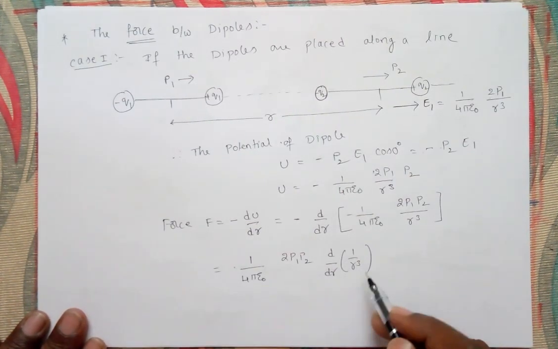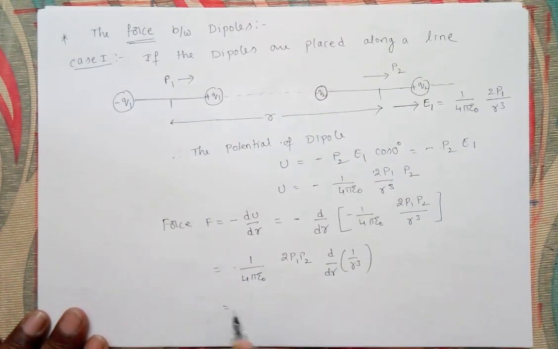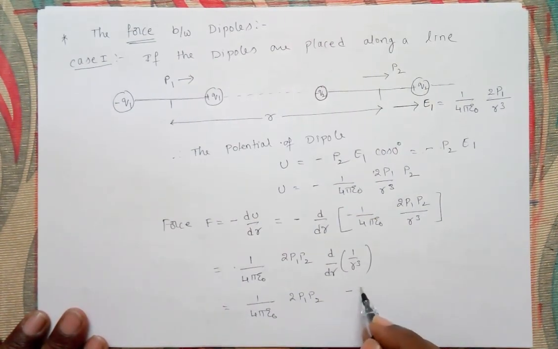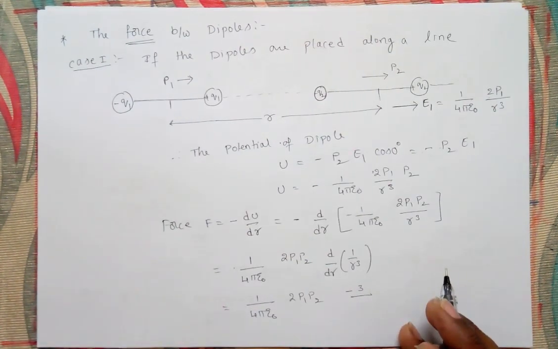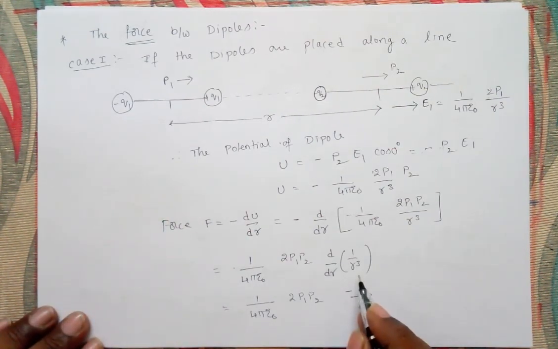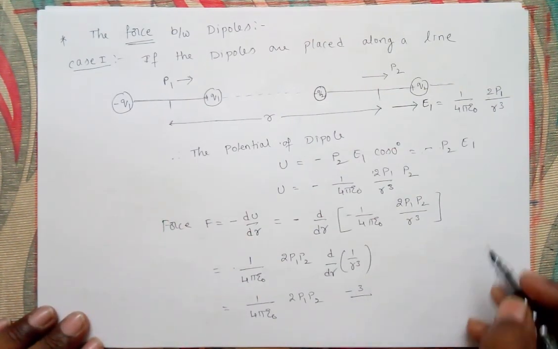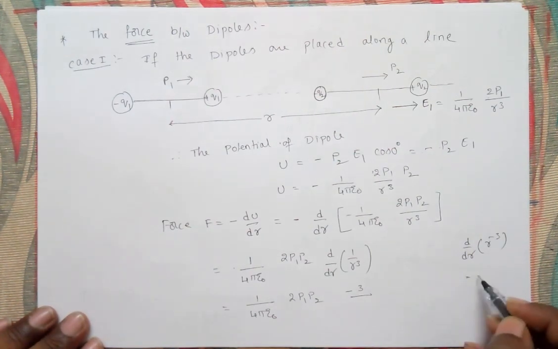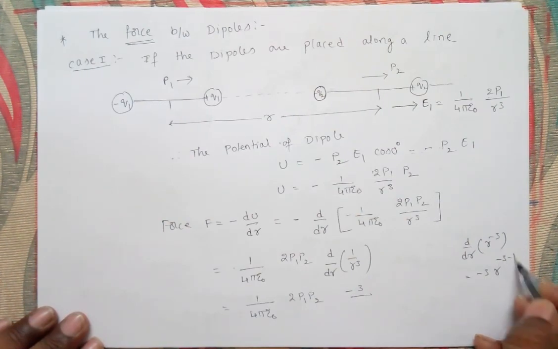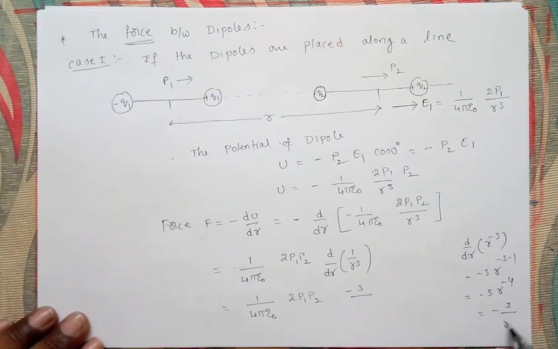Differentiating, we get 1 upon 4 pi epsilon naught into 2 P1 P2 into minus 3 by r power 4, since d by dr of r power minus 3 is minus 3 into r power minus 3 minus 1, so minus 3 r power minus 4, in the sense minus 3 by r power 4.